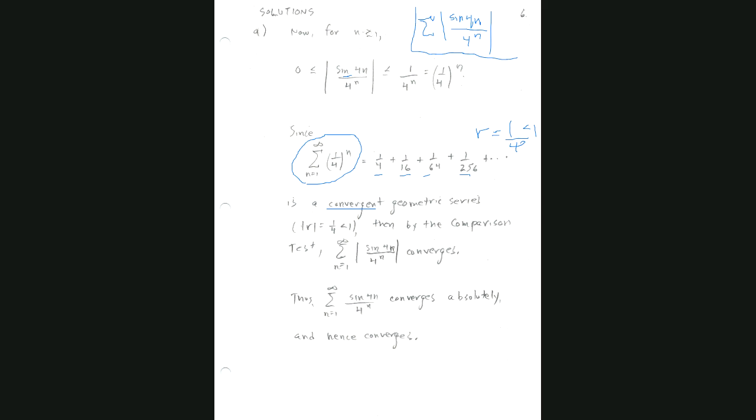the series n equals 1 to infinity of the absolute value of sine of 4n over 4 to the nth power must converge because it's a smaller series by virtue of the inequality here. It's a smaller series than our convergent geometric series.